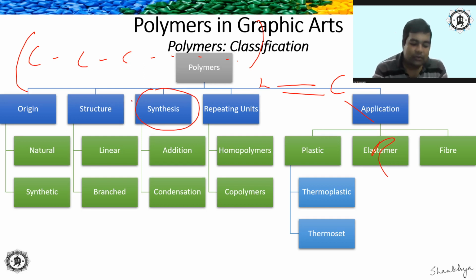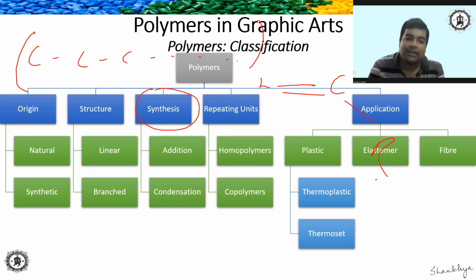So what I'll do is, I'll not just go on stating all the other polymers and their types and how they're classified. I'll be coming back to this classification as we progress in the particular unit. So based on the types of repeating units, if the same type of repeating units are there, then it's a homopolymer, and so on, but I'll not be stating all this at this moment.